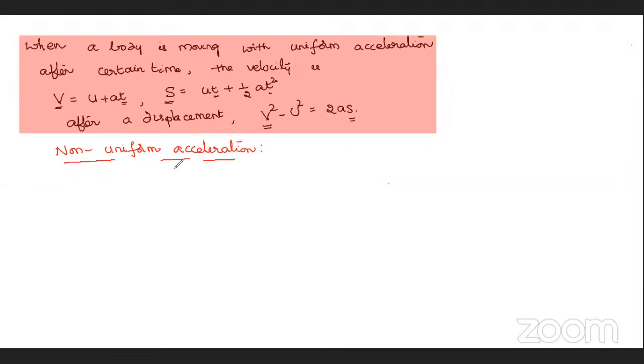In that case, how to find out the velocity as a function of time, the displacement as a function of time, and the velocity as a function of displacement? To find out those physical quantities, I'm going to use one chapter from mathematics.